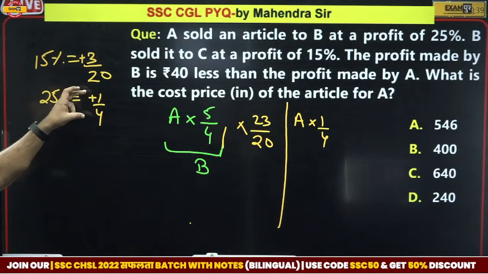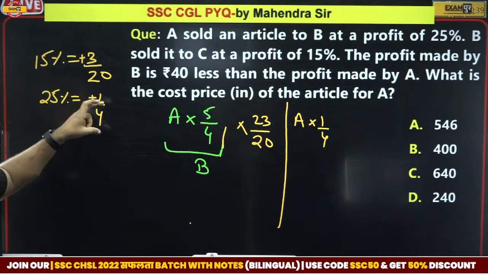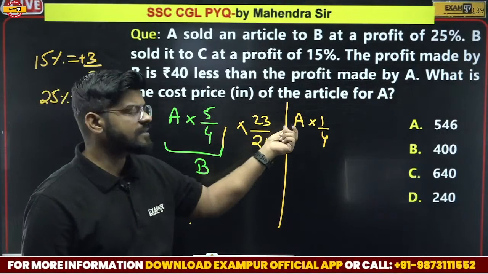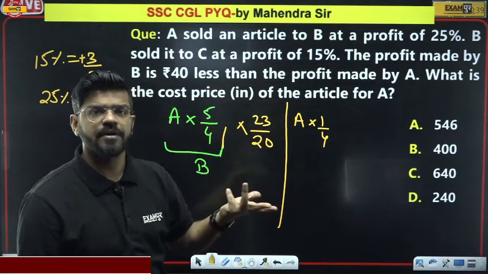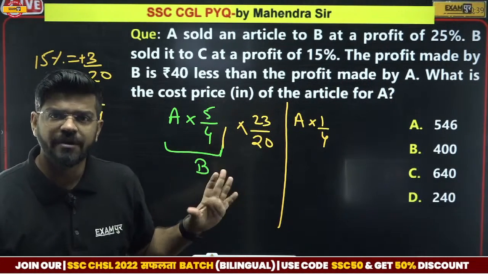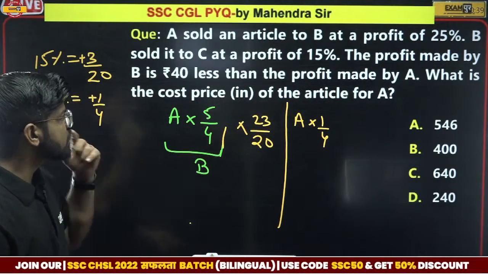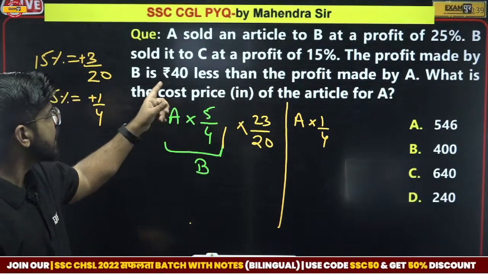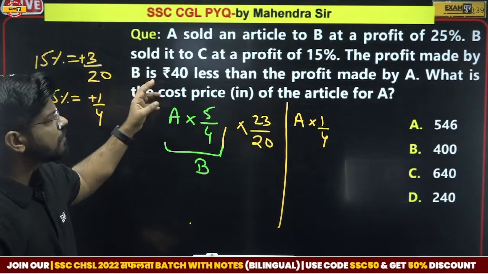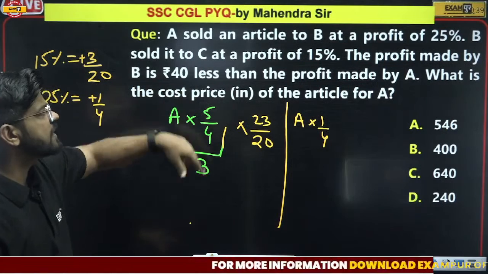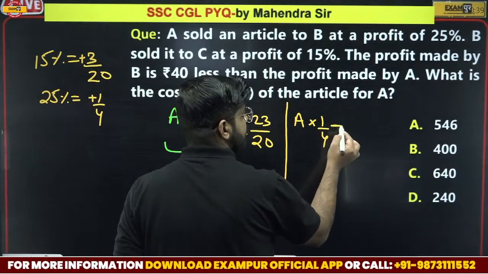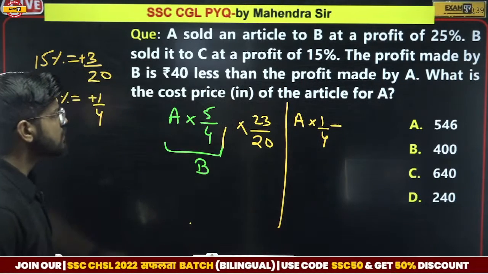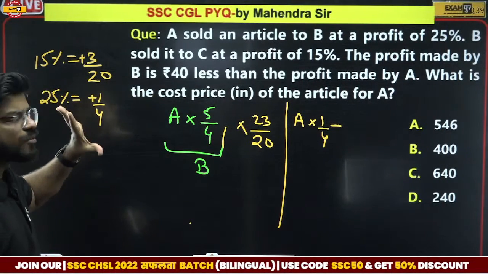A's profit is 1 by 4 of A. Whatever the A value is, 1 by 4 is the profit. 25% profit means 1 by 4 is the profit. And what is the profit of B? The profit made by B is 40 less than the profit made by A. That means the profit of A is more, and we have to subtract from it the profit of B. What is the profit of B?